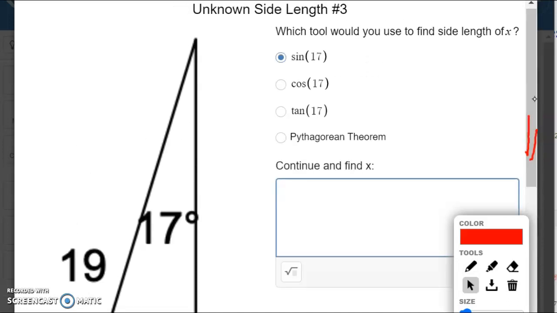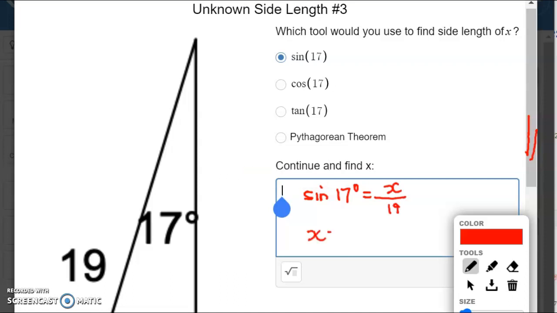Then from here, I'm going to do my calculation. So sine of 17 degrees is equal to, SOHCAHTOA, SOH, opposite over hypotenuse, and opposite we said was x, divided by 19.